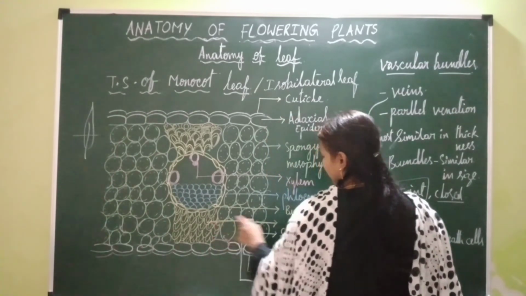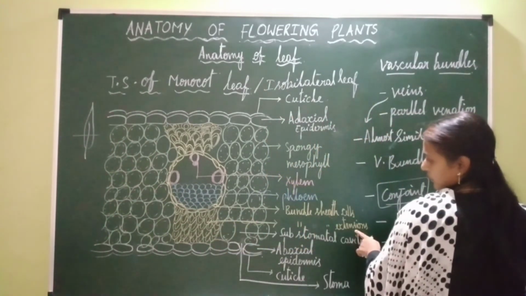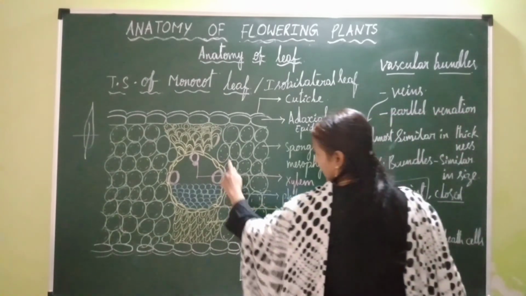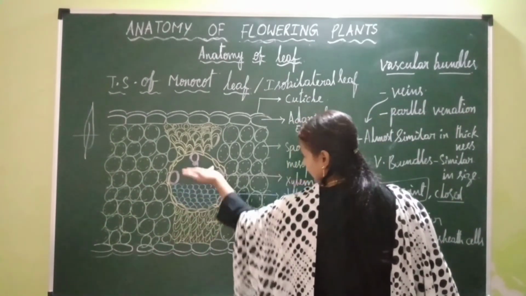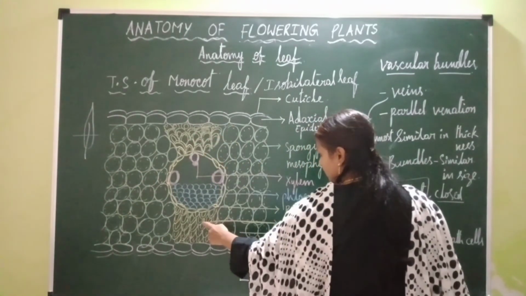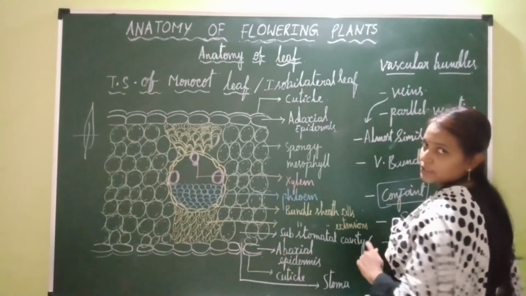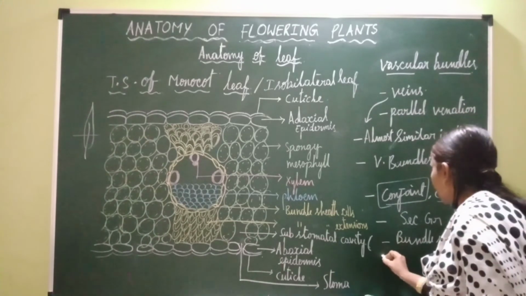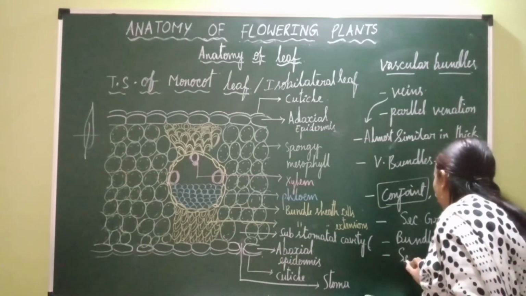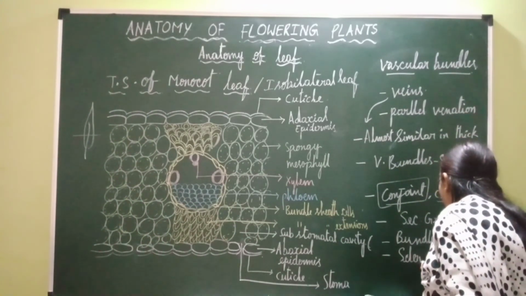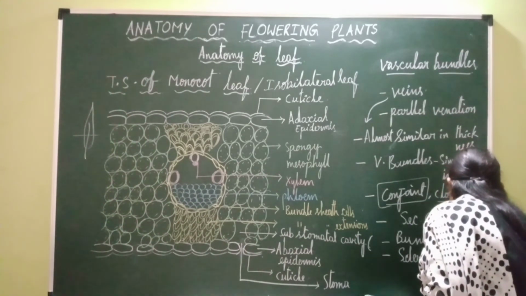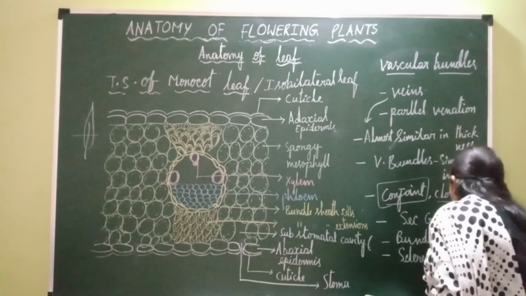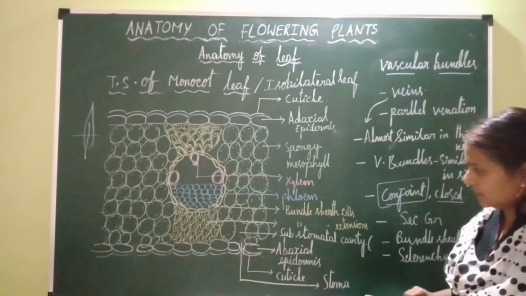These are called bundle sheath extensions. These bundle sheath extensions are sclerenchymatous, right? Whereas in case of dicot leaf, bundle sheath extensions are collenchymatous.